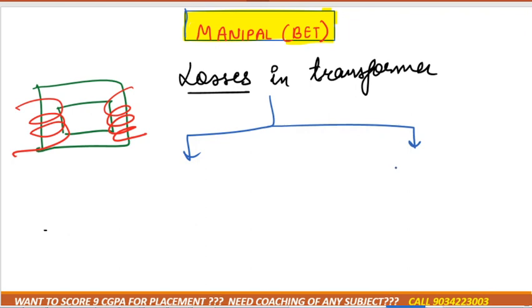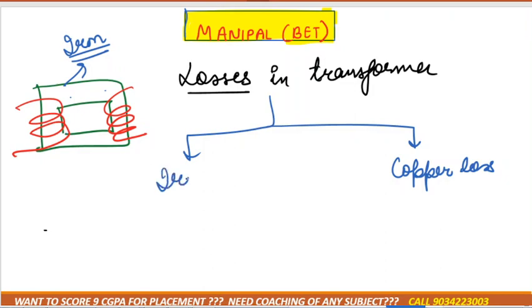Generally wire is made up of copper material, so it would be a copper loss. And the material which we use for the transformer core is generally iron, right? You have seen a transformer outside your campus or maybe on the road, right? That transformer material is iron, so those are iron losses.